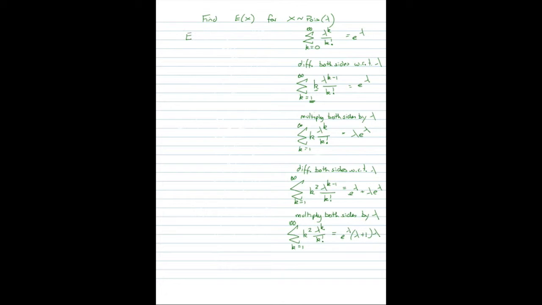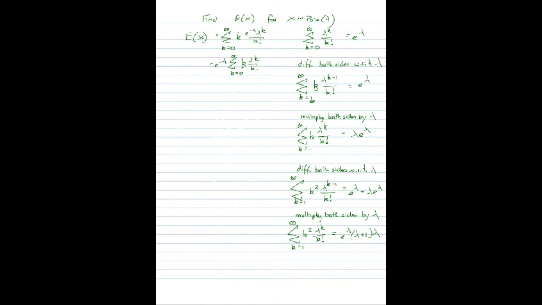So just a little bit of playing around and manipulating, because we're going to find that those patterns are the very patterns that crop up when we're finding the expected value of x. So by definition, the expected value of x is the sum of the value of a realization of a random variable multiplied by its probability mass function. And pretty much as we did when checking the Poisson was a valid PMF, we can pull out the e to the minus lambda because that term is constant with respect to the k we're summing over.